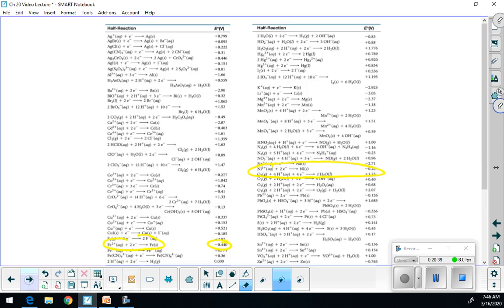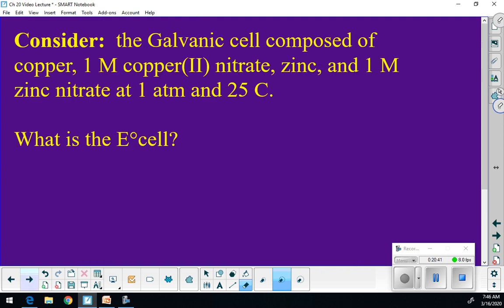This one right there. Go to it. All right. Put me on pause. Bring me back when you're ready. All right. I'm ready. So what do I have here? I have zinc, right, which is going to lose 2 electrons, and that is happening at my anode because this is oxidation.